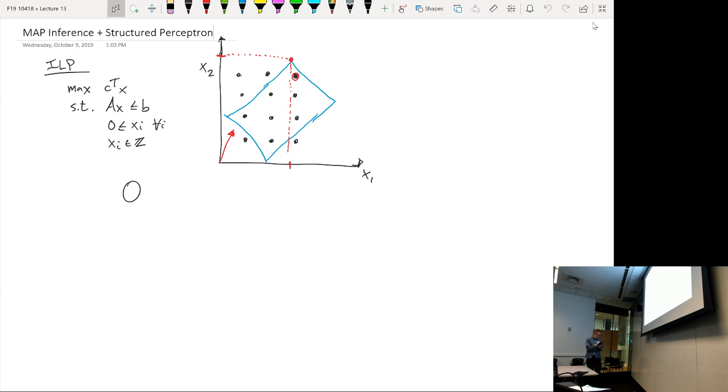So we could call this x1 prime, x2 prime, and we could say that the global upper bound here is equal to C transpose x1 prime, x2 prime.